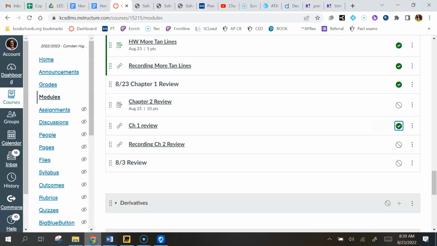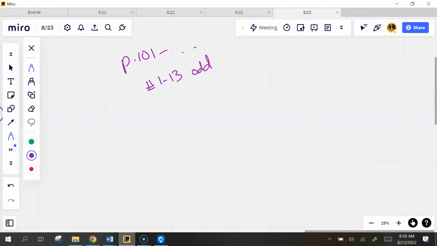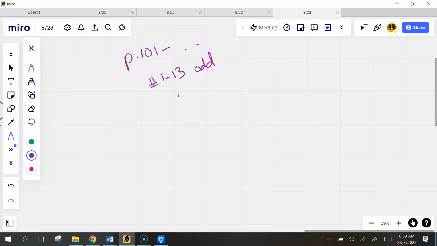Why did I jump to 26? So 15 through 24, that looks like a lot, but those are all, you have a graph and you just state, yes, the limit exists, no, the limit doesn't. You don't even have to do justification.